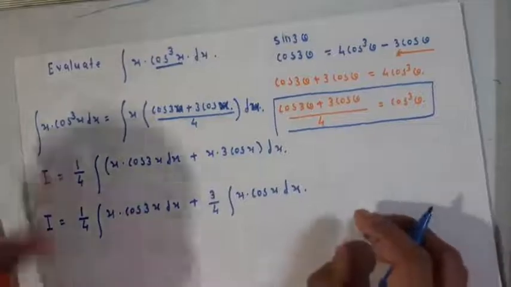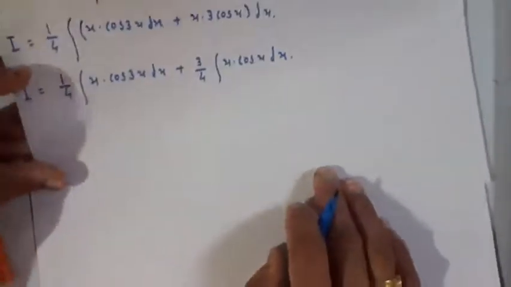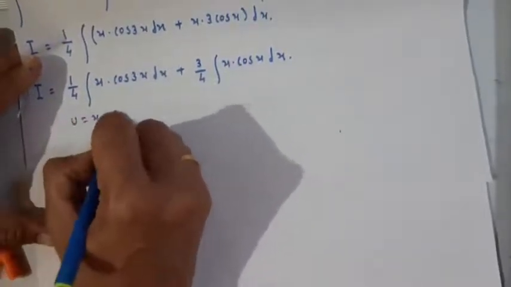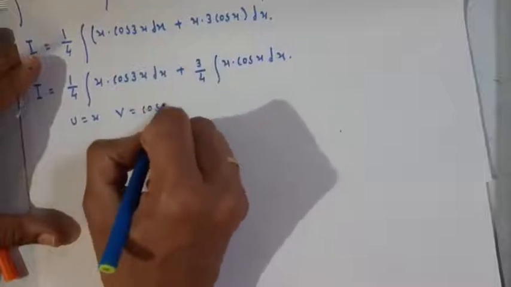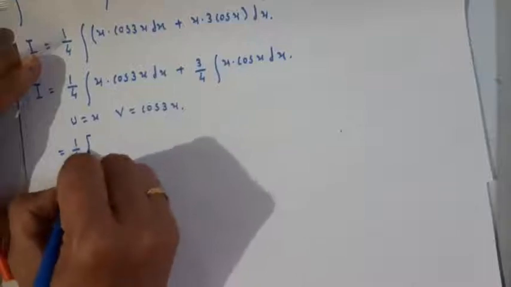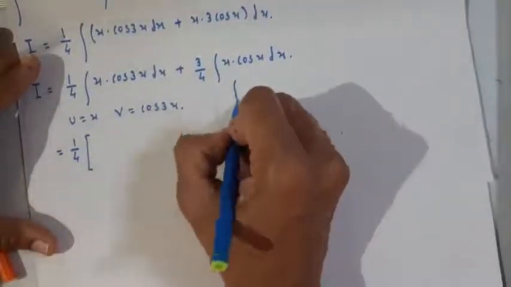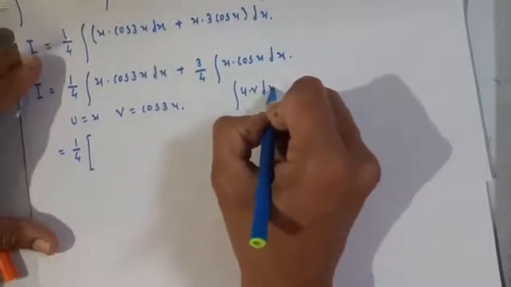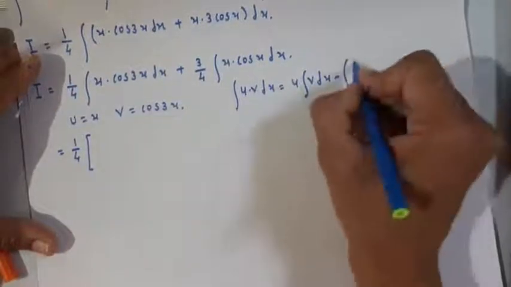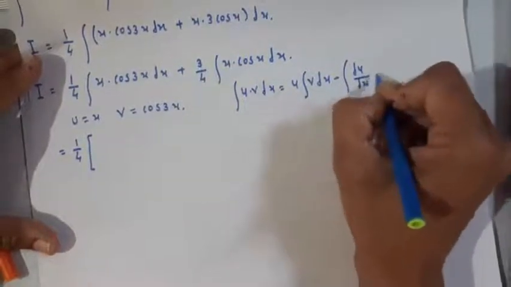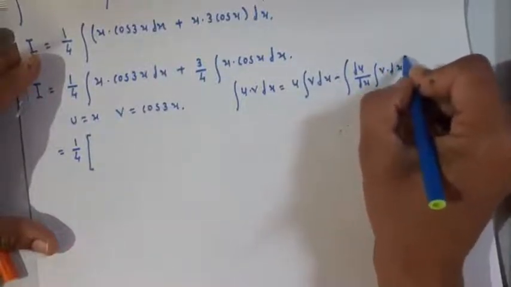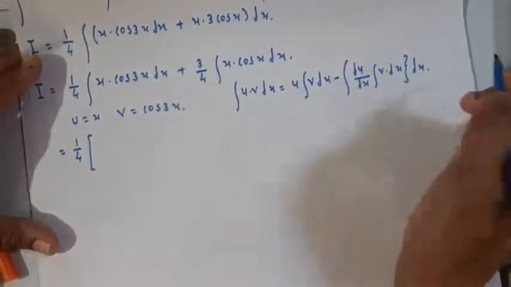And now solve these integrations separately. Okay students, for this function, u equals x and v equals cos of 3x, and 1 by 4 stays as it is. By using the by parts theorem, the integration of u into v with respect to x is u times the integration of v with respect to x, minus the integration of the differentiation of u with respect to x into the integration of v with respect to x, and the whole integration with respect to x.